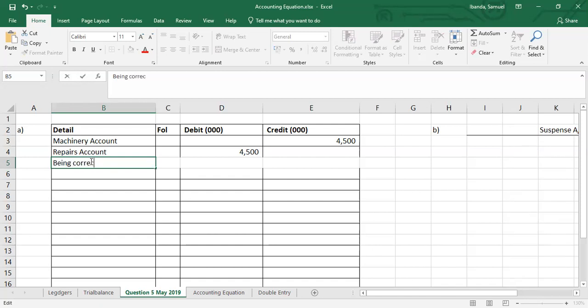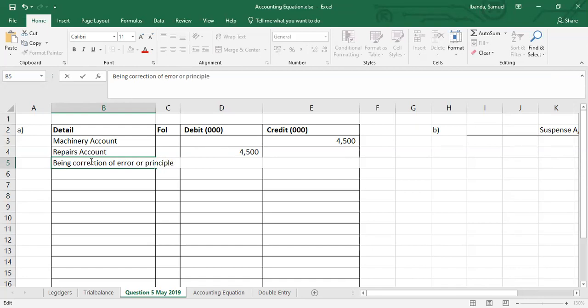Being correction of error, maybe error of principle, in case you've understood the error.